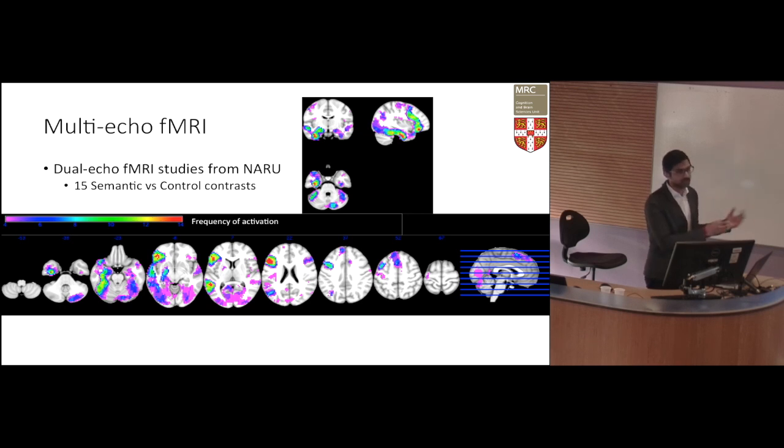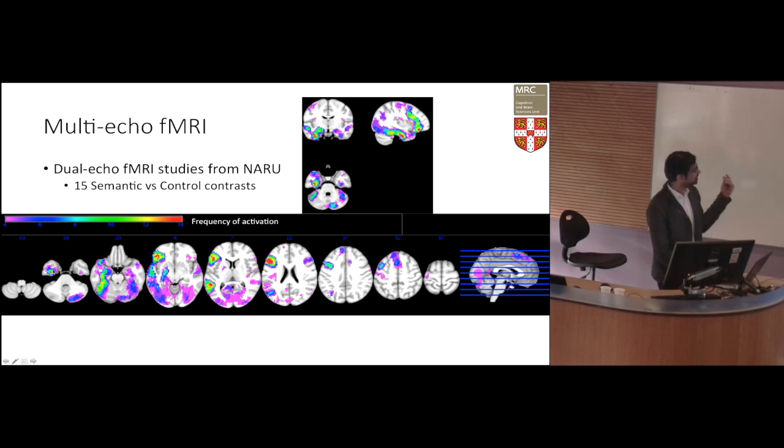over lots of different studies. And so this is just a summary of quite a few studies that have been published in the past few years. Over the last few years, of course, like I said, we're interested in semantics. So this is 15 contrasts using a semantic task over a control baseline. So it's not rest, it's against an active control. And hopefully I can convince you, so this scale is up until 14.